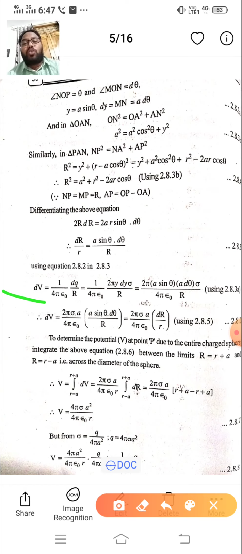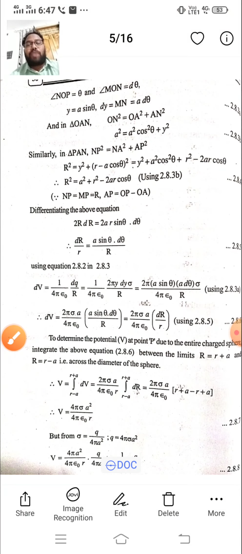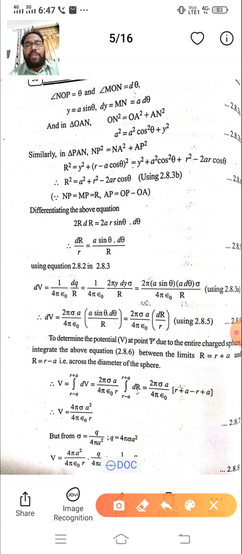Substituting these values we can get dV equals 2 pi sigma a by 4 pi epsilon into a sin theta d theta by R into R.